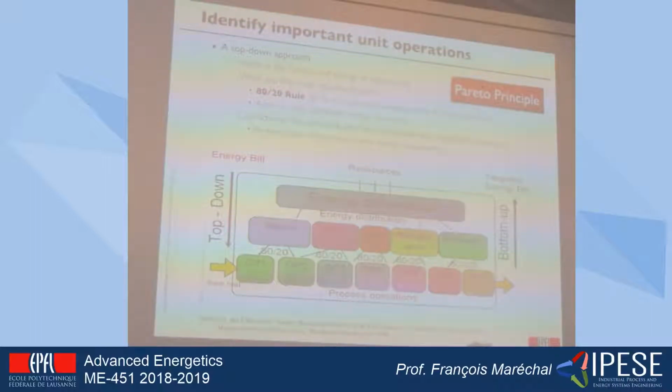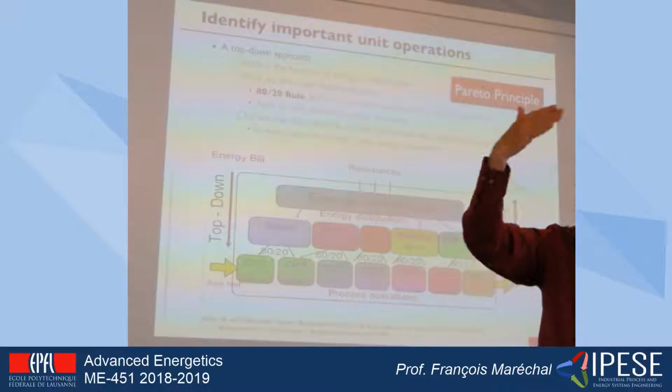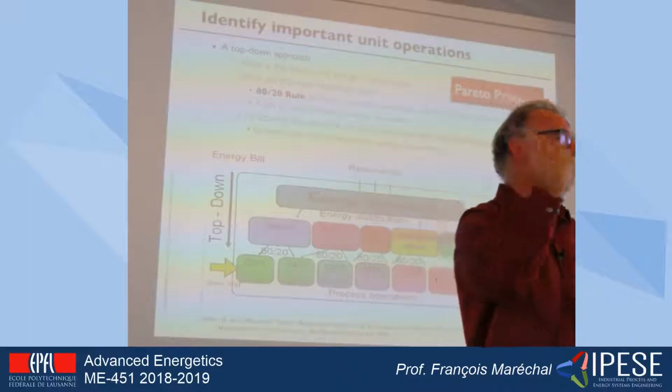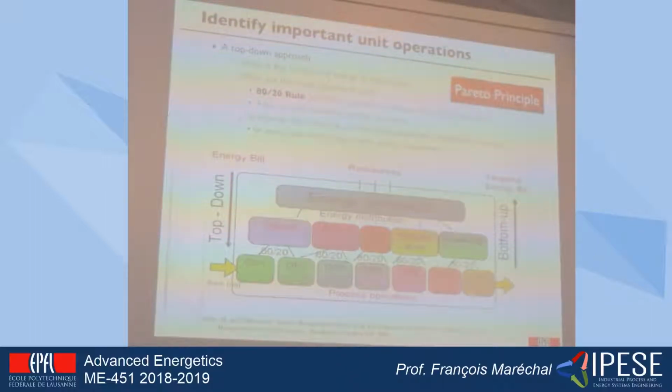And at the end, by applying this 80-20 rule, you are able to define more than 80% of the energy bill. What we have shown is that we can go up to 95% of the energy bill explained, by defining only 35% of the units in the system. All the other units are not important from the energy perspective.